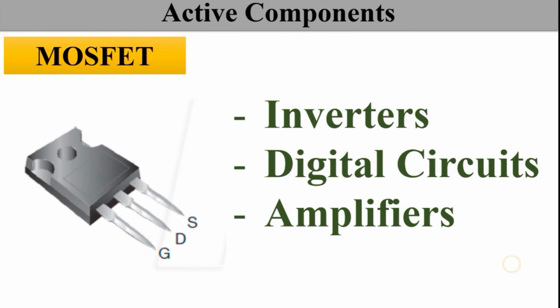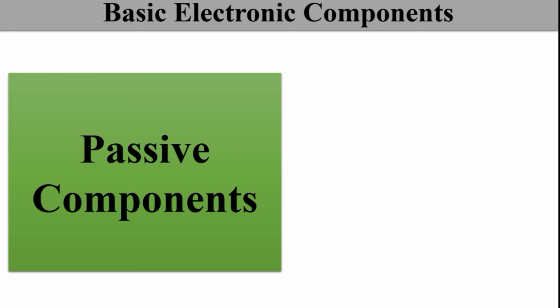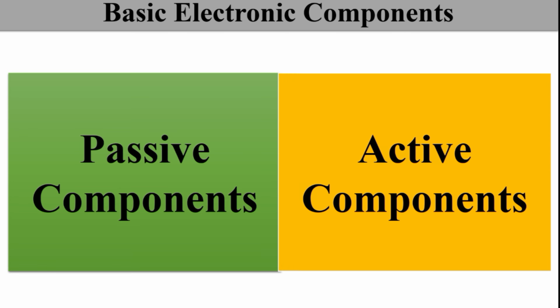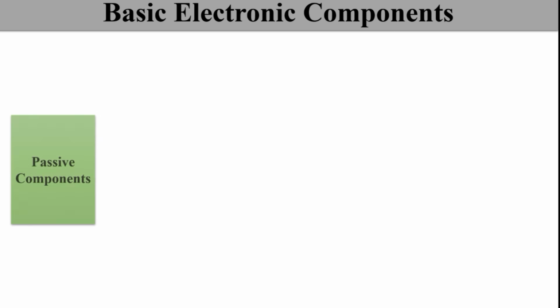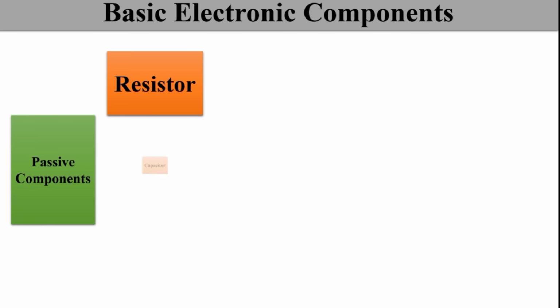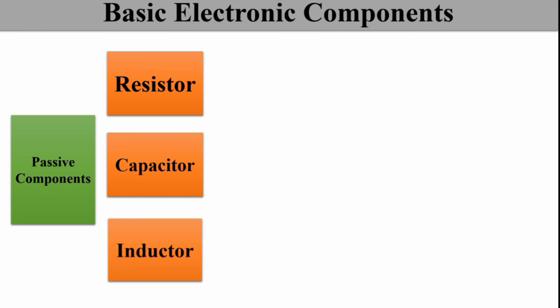So let's summarize what we have seen in this video. First, we have seen the different types of electronic components: passive electronic components and active electronic components. The first that we have seen is passive electronic components and the different types of passive electronic components, which were resistor, capacitor and inductor.